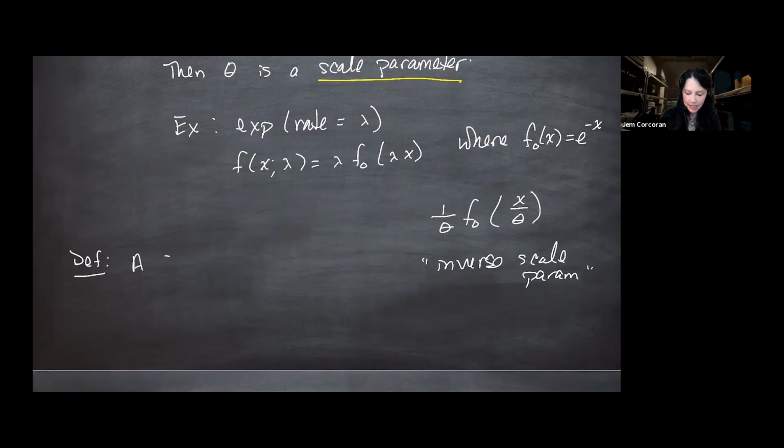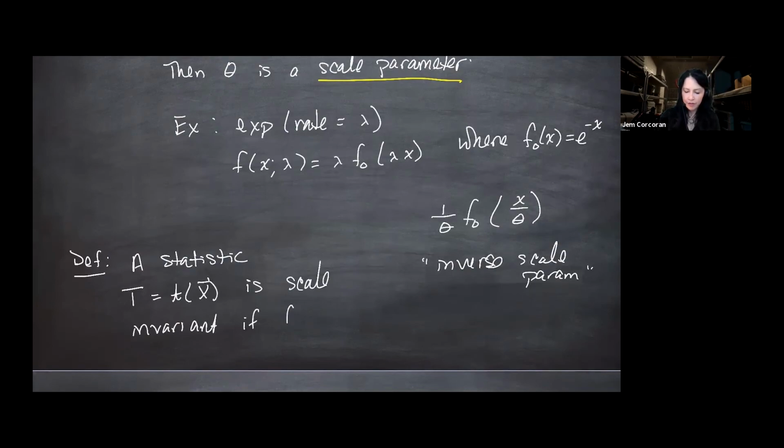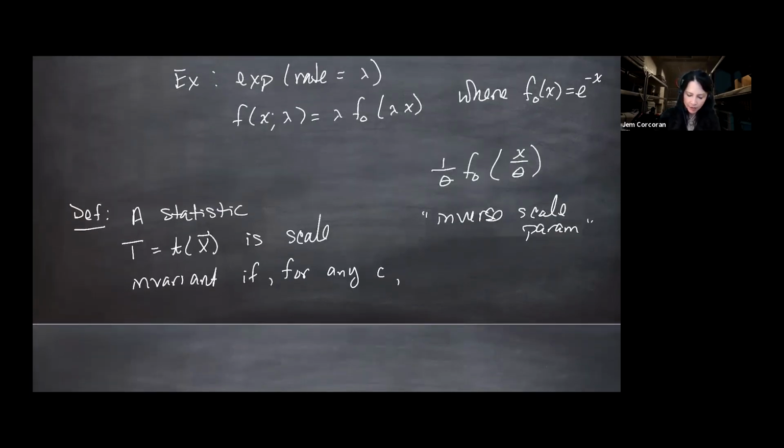So a statistic T, which is some T of a vector x, is scale invariant if for any constant c, the function T of little x1 through little xn is equal to the function T of little x1 plus c through little xn plus c, and c could be negative. And so if that's true, we say that the statistic is scale invariant.